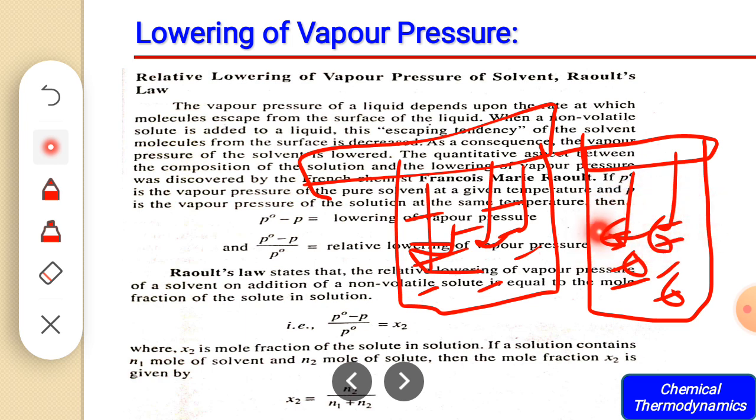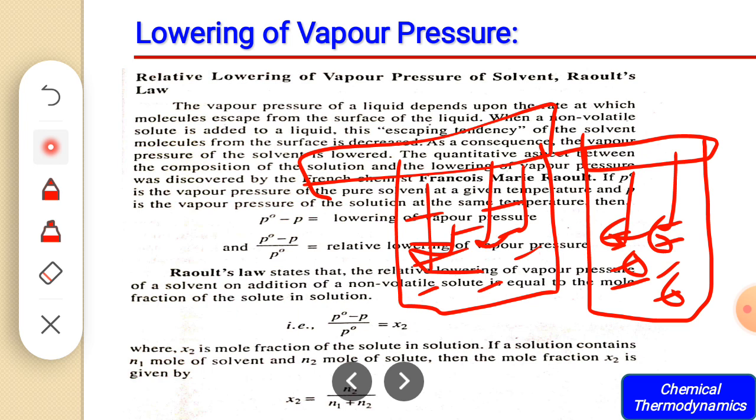It's very important: because some of the space is occupied by solute particles, fewer solvent molecules will be converted into vapors, and there will be less pressure created by these vapors on the surface of the same liquid.